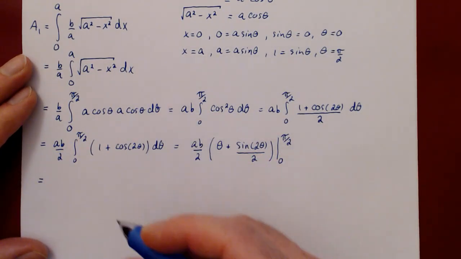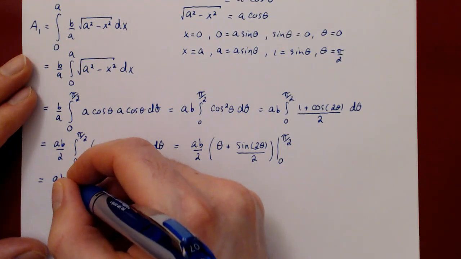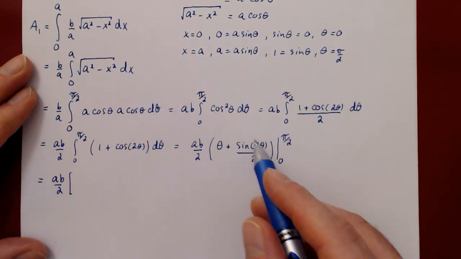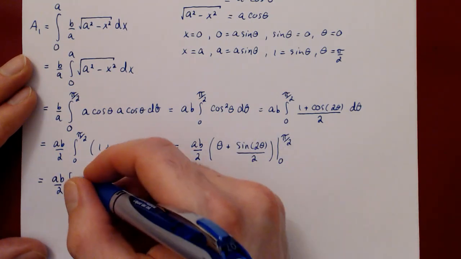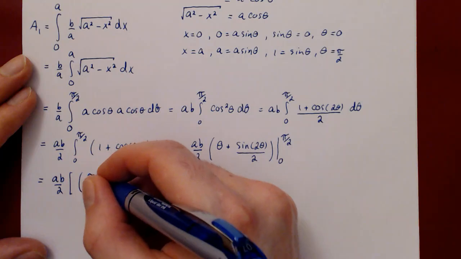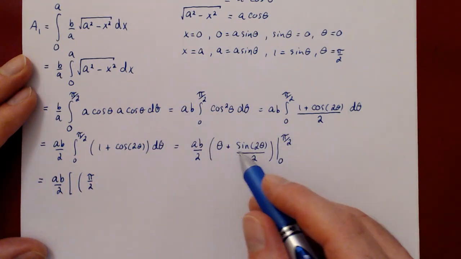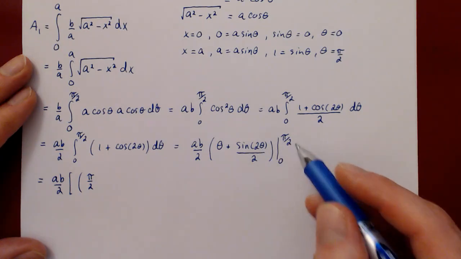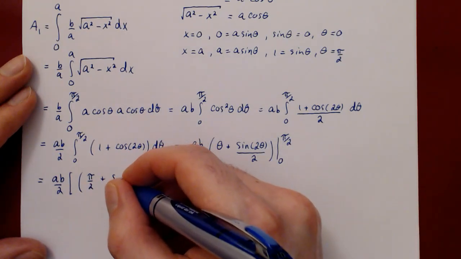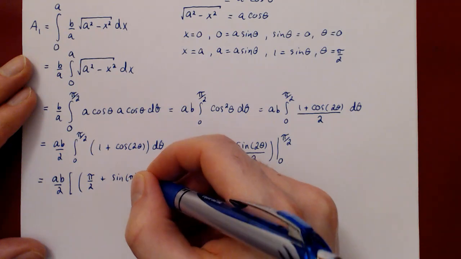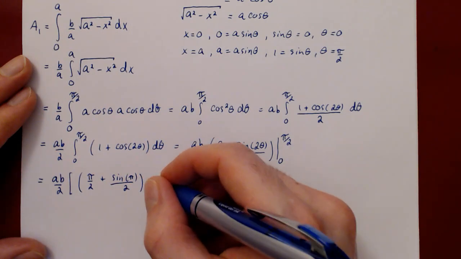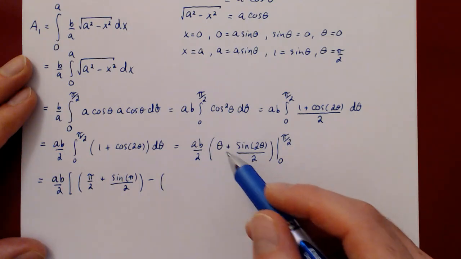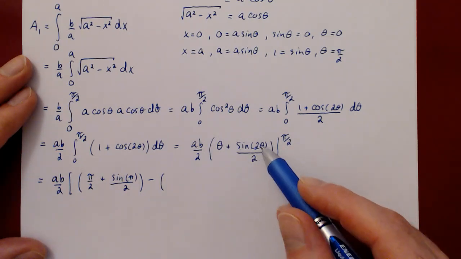ab over 2 is a constant multiple. Let's leave this out. Times the antiderivative at pi over 2. So this will give us pi over 2, plus, well, replacing here theta by pi over 2, twice of this is pi, so plus sine of pi over 2, minus, at 0, well, here we obviously get 0, plus sine of 0 over 2.